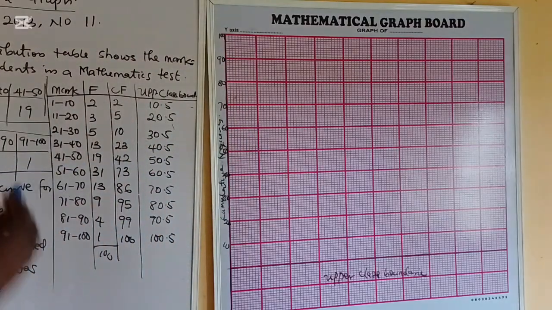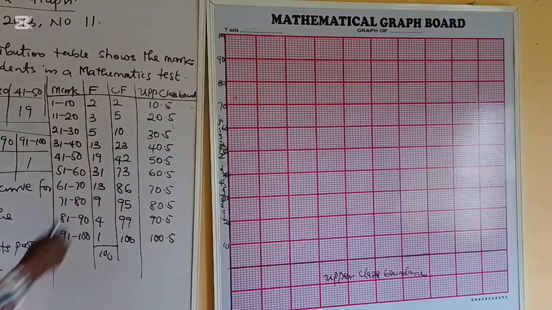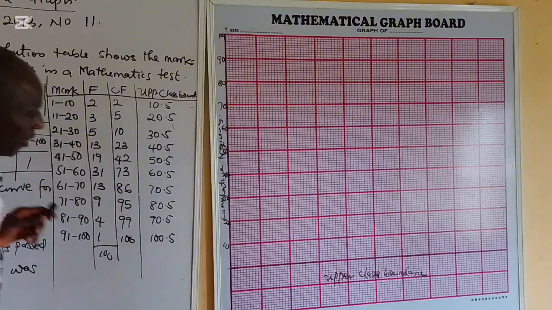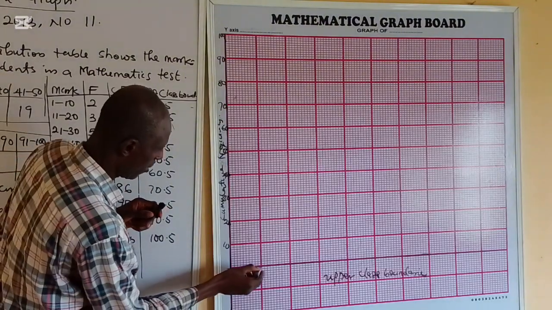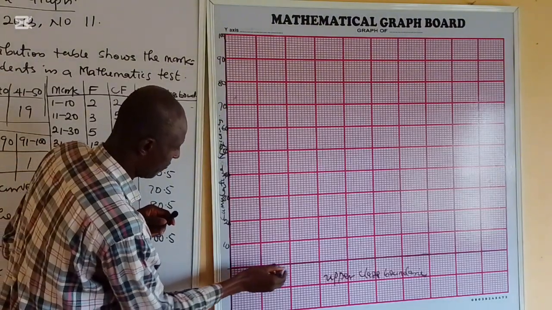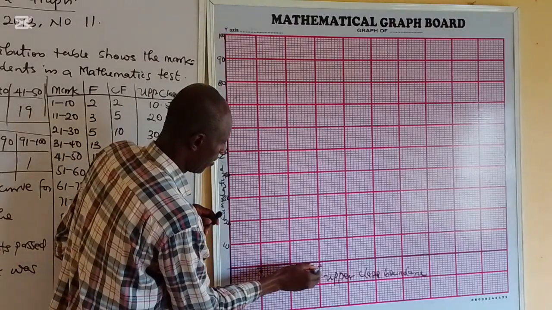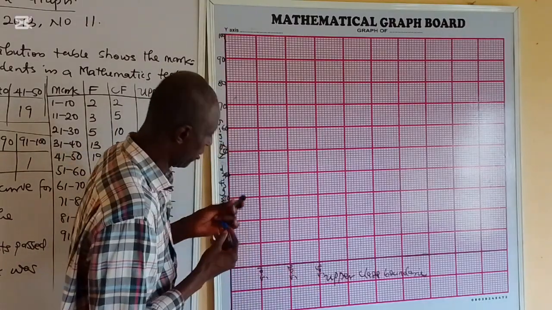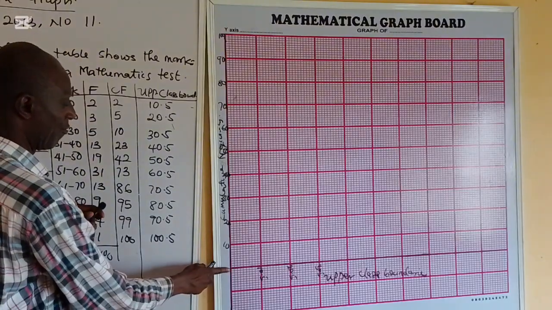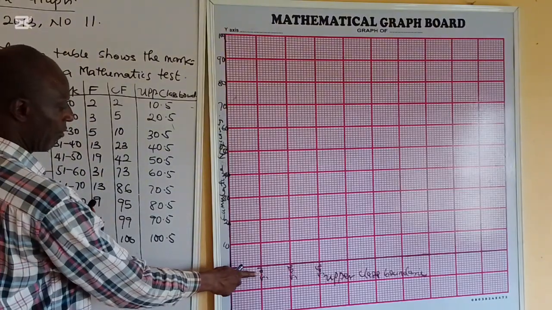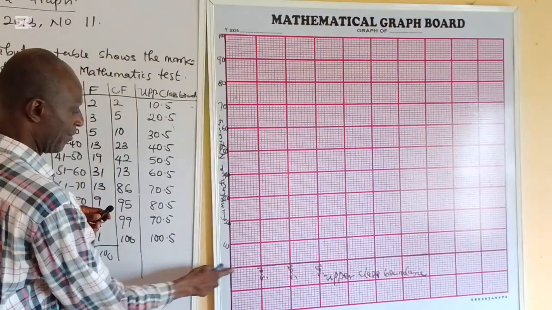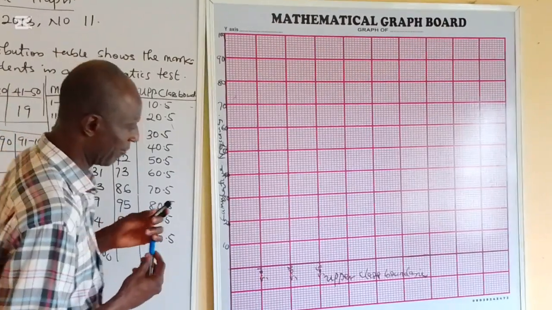Okay, we can now plot. For the upper class boundary, let me take here to be 10.5, 20.5, 30.5. Some examiners can start from here, but I start my own here.